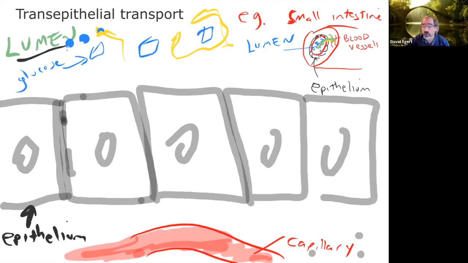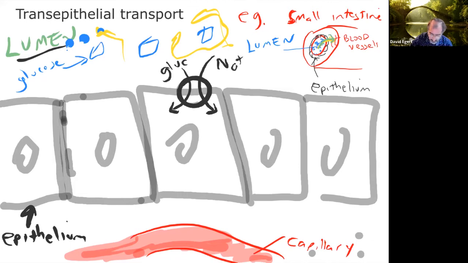The way it's going to work is going to be a mix of the stuff we've been talking about. So I'm going to draw some parts in here now. This should look familiar.